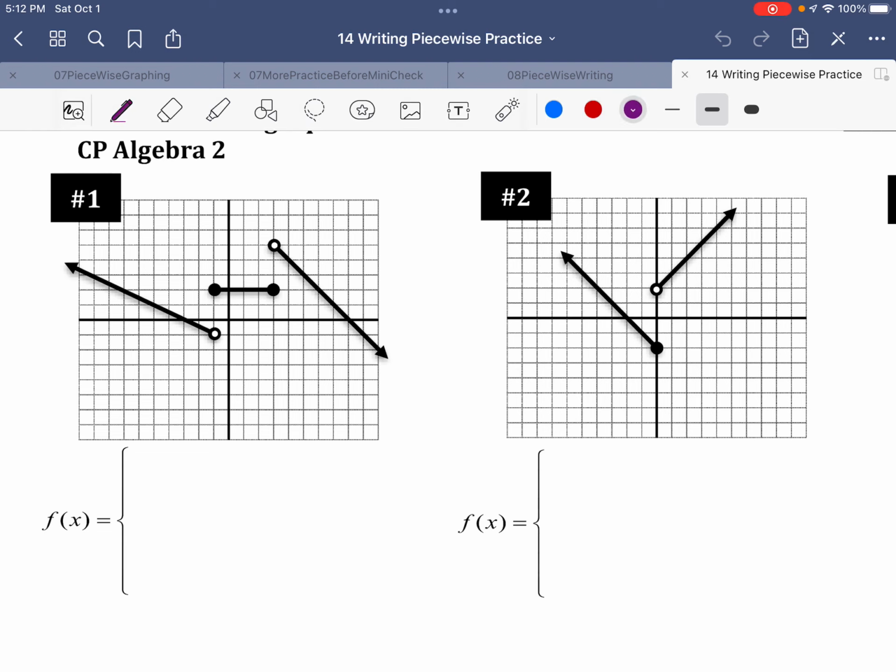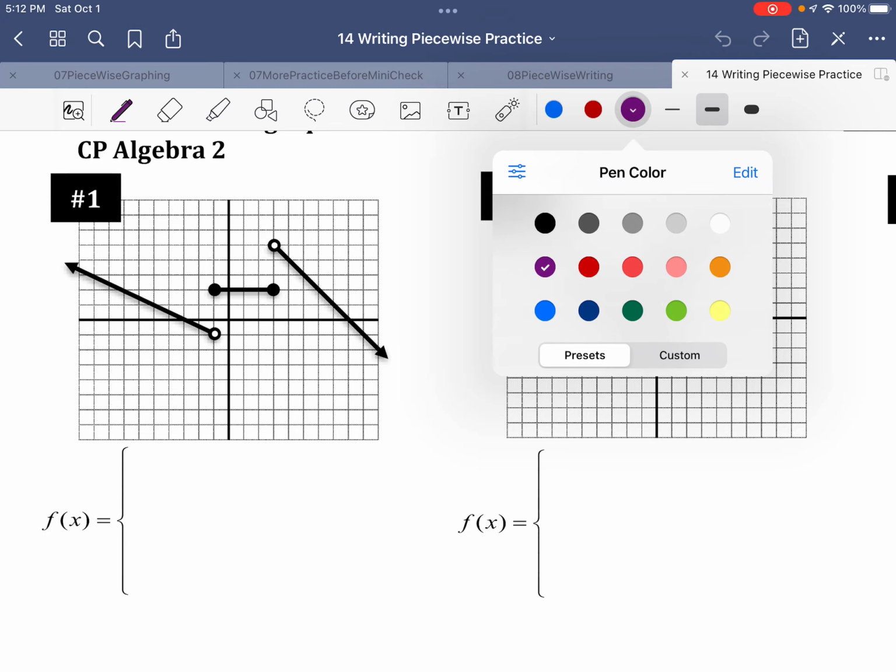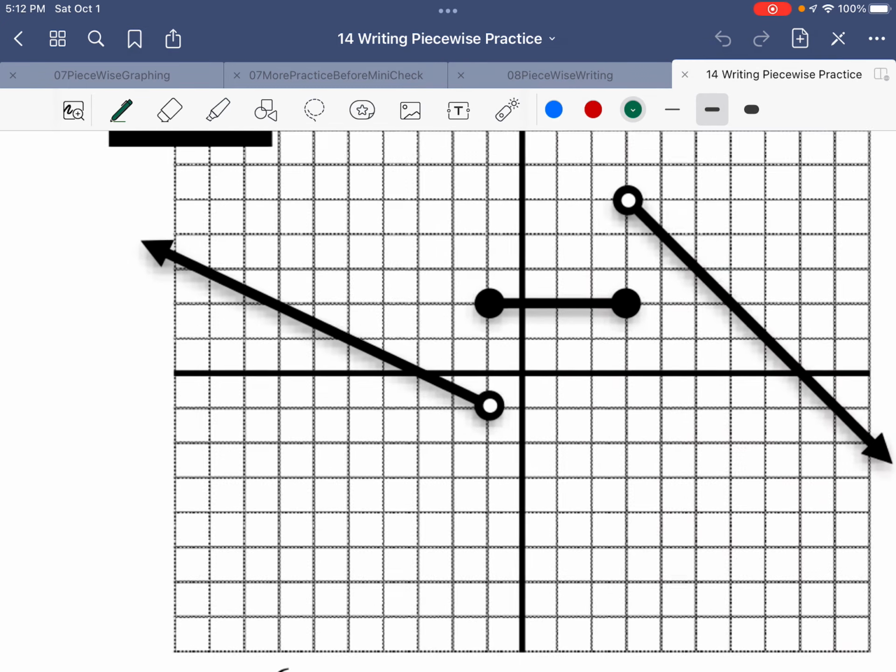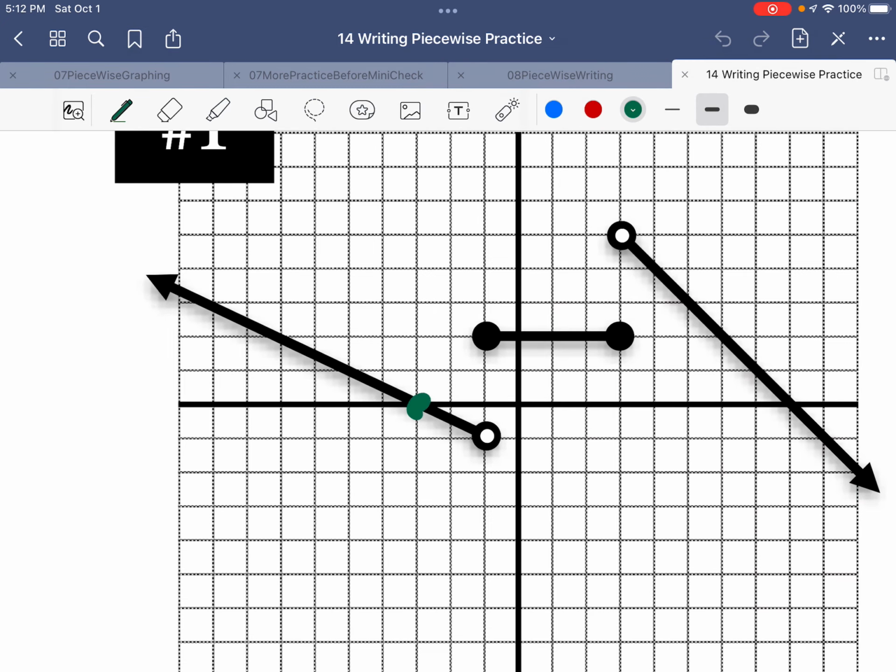So, how about this first one? If we are trying to write for this, the first thing we would need is the slope. It doesn't matter what points you use. You're going to be going down 1 and over 2. If I go down 1 and over 2, that means the slope is -1/2.